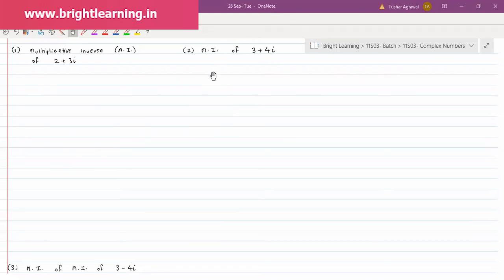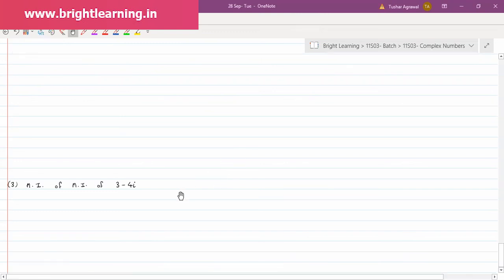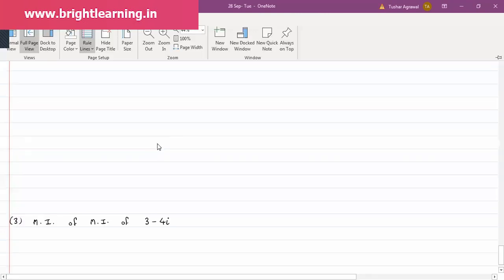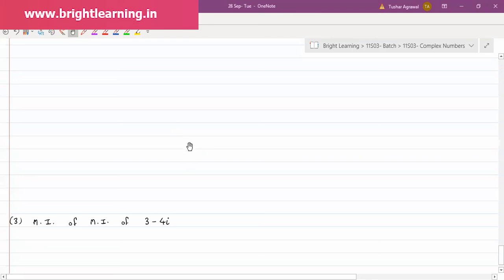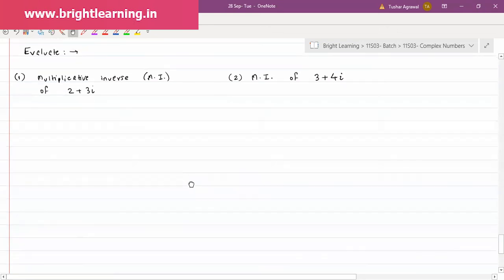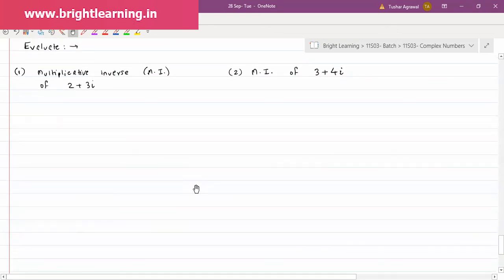Sir, scroll up one, sir, for the third question. Multiplicative inverse of 3 minus 4i. Sir, third answer is 3 by 25 plus i into 4 by 25, sir.